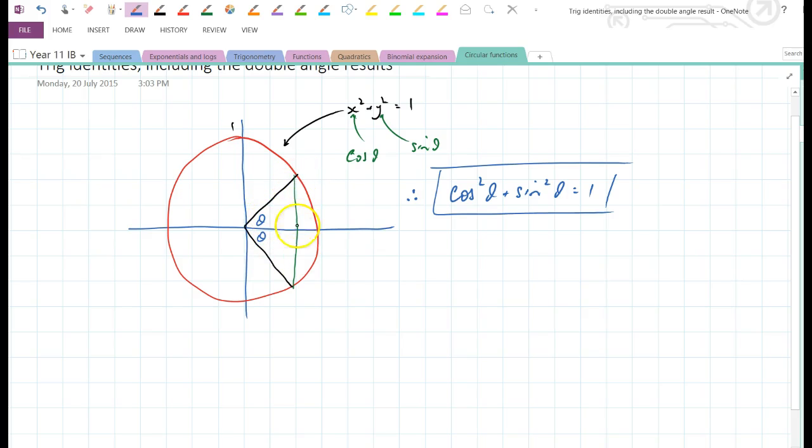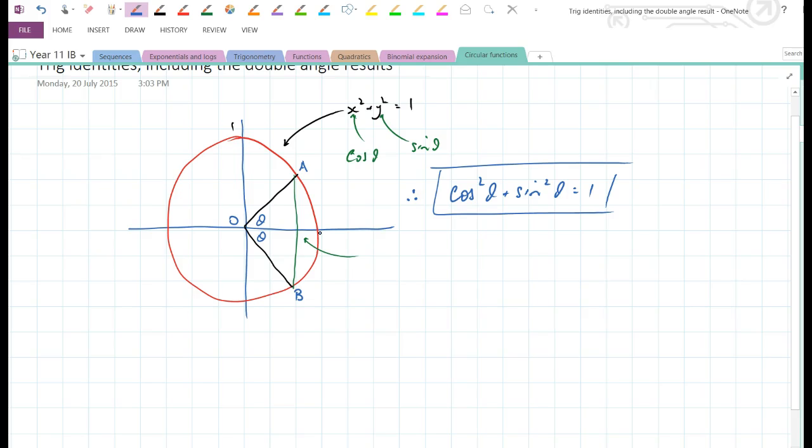What we're going to investigate is this green length here. We'll call that AB, and this can be O. So the length AB is what we're going to investigate now.